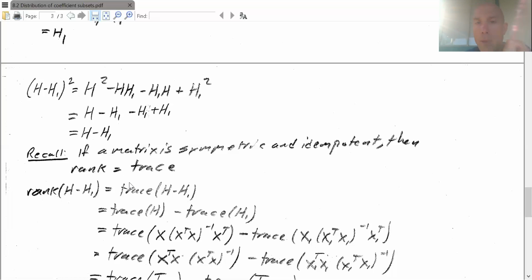So in that theorem, remember that we also had something about the rank. How am I going to approach the rank? Well, if a matrix is symmetric and idempotent, then the rank is equal to the trace. The proof of that just comes from singular value decomposition or eigenvalues, however you want to go about it. If I take the rank of h minus reduced h, from the theorem we know it's going to be the trace.